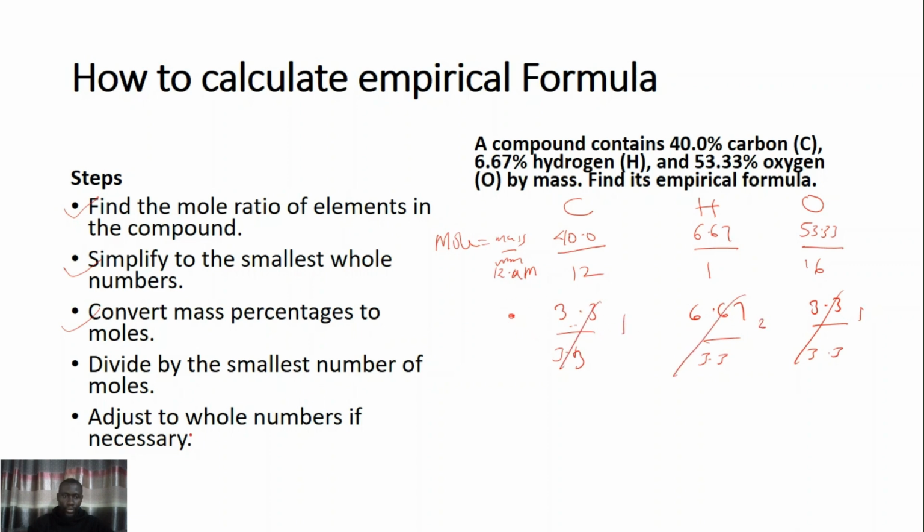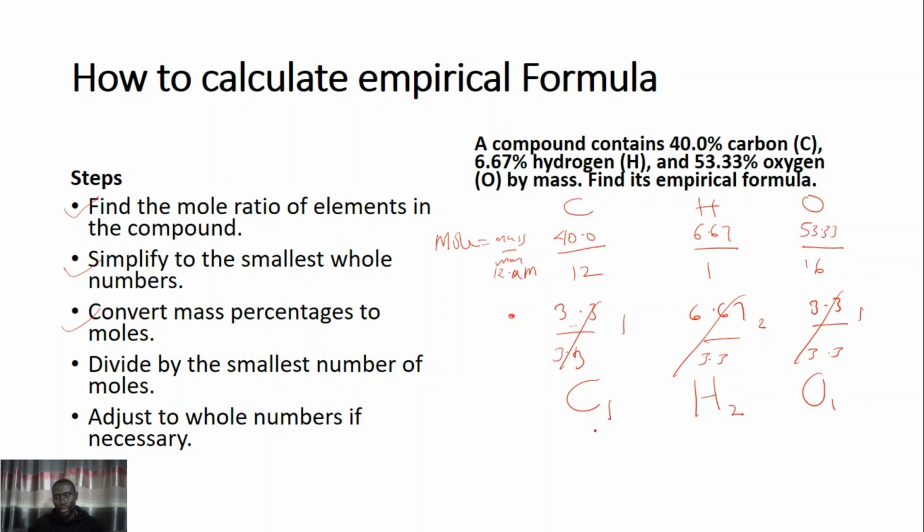So the next thing is to adjust to whole numbers if necessary. In this case, it is not really necessary because all of them are whole numbers. So it means that carbon 1 is combined with hydrogen 2 and oxygen 1.